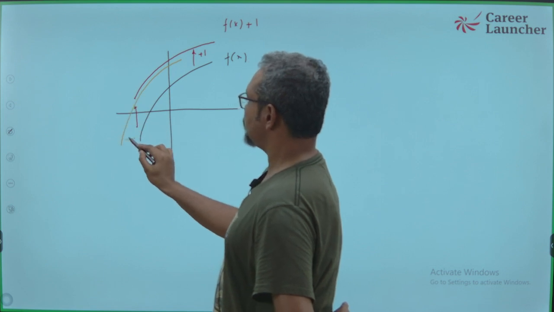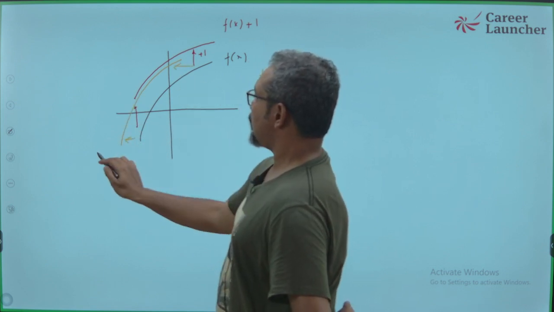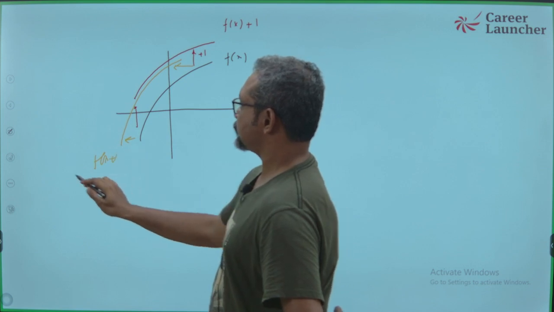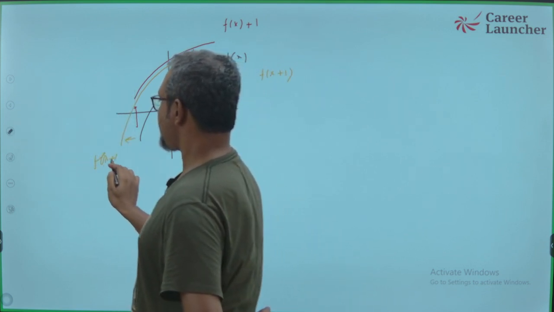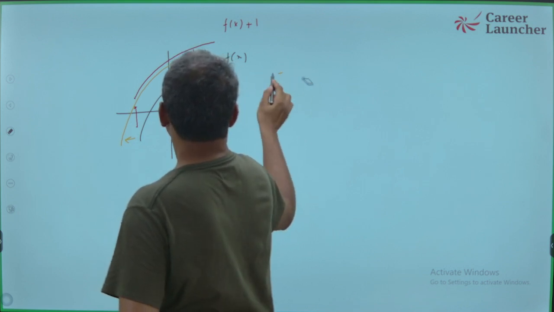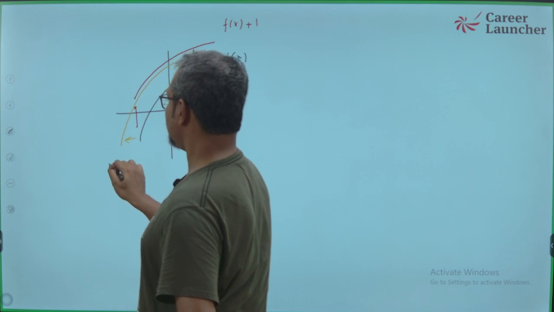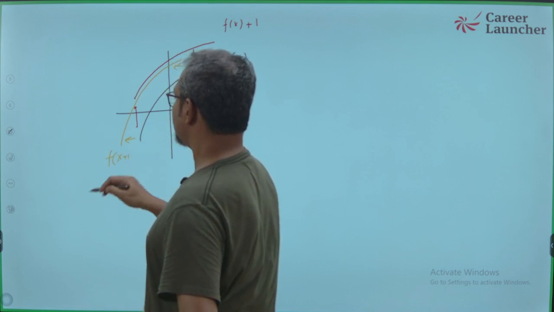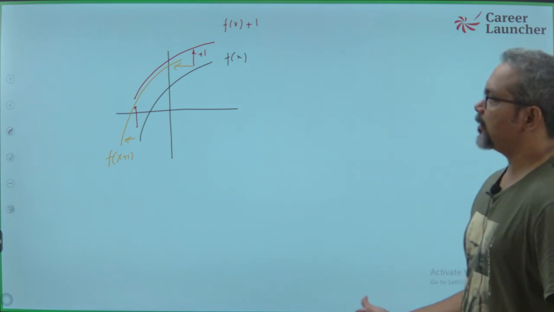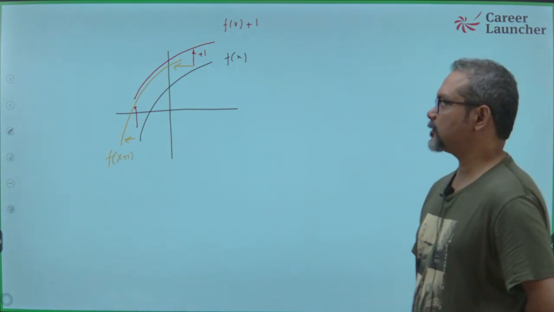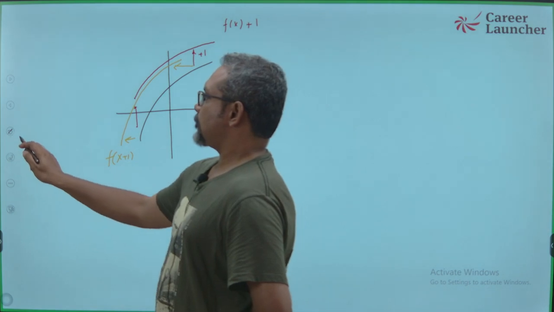So this is the graph of f of x plus 1. So f of x minus 1 would have made it move right. That's the first.